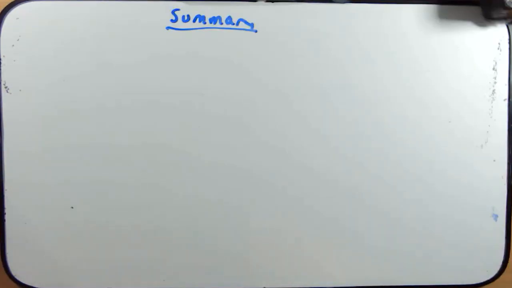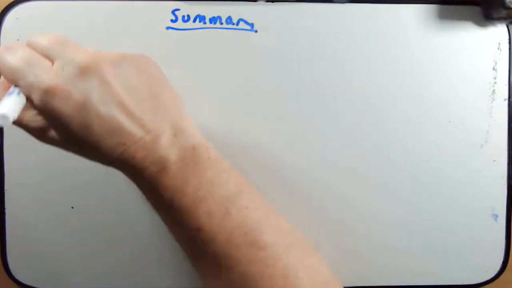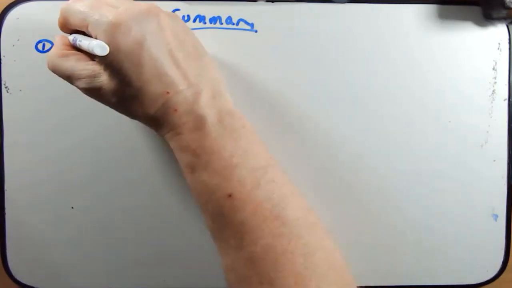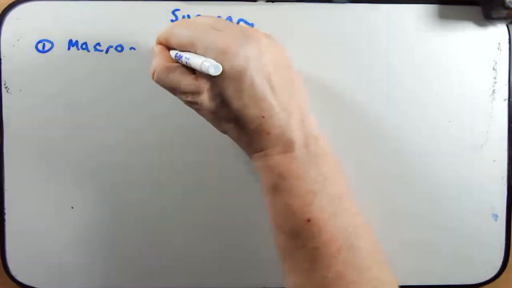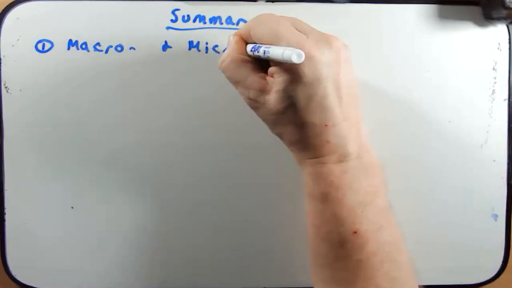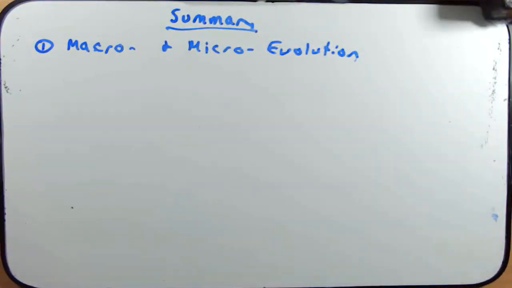All right, in this video podcast, we covered a lot of material. We began by picking up something that should have been probably on the last podcast, but it fits in here well just the same. And we talked about the difference between macro and micro evolution. How macro was on a much larger scale that would only be seen over a long period of time, like millions of years.